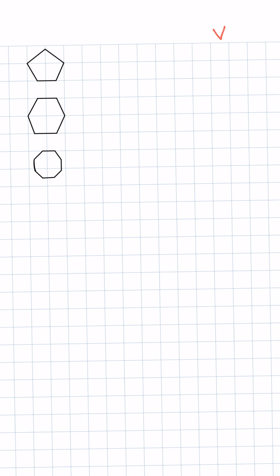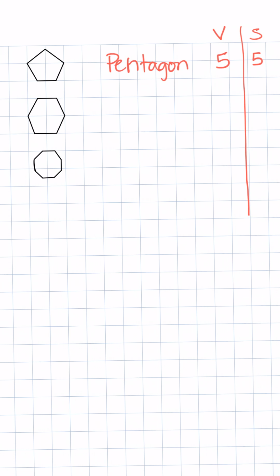Okay, so vertices and sides. This first one has 5 sides and 5 vertices. So it is called a pentagon. Really it could be any shape that has 5 sides and 5 vertices.